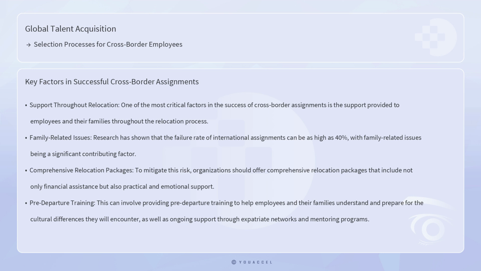To mitigate this risk, organizations should offer comprehensive relocation packages that include not only financial assistance, but also practical and emotional support. This can involve providing pre-departure training to help employees and their families understand and prepare for the cultural differences they will encounter, as well as ongoing support through expatriate networks and mentoring programs.